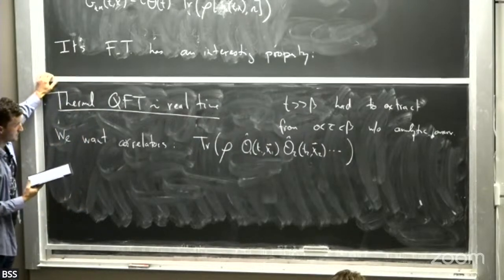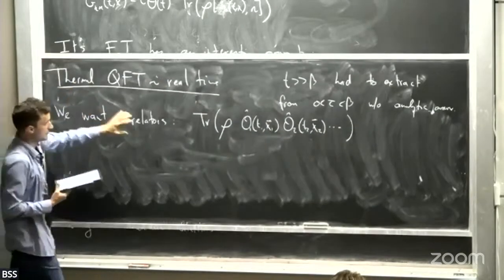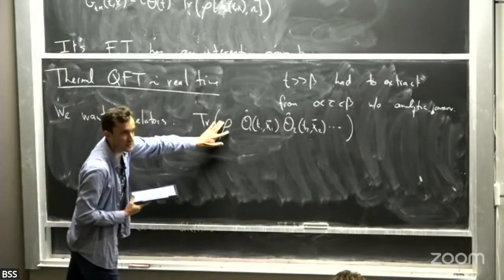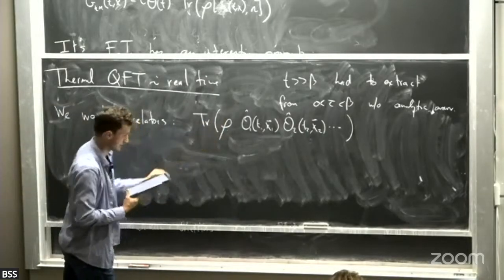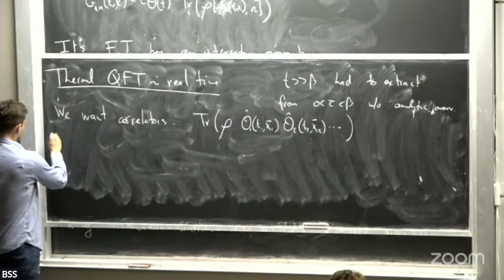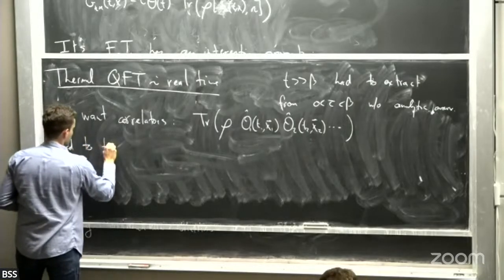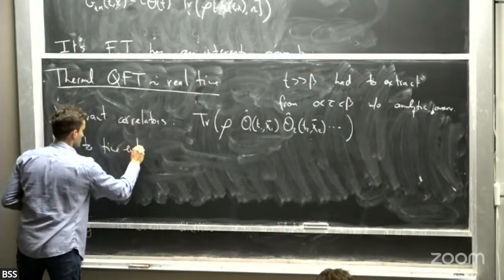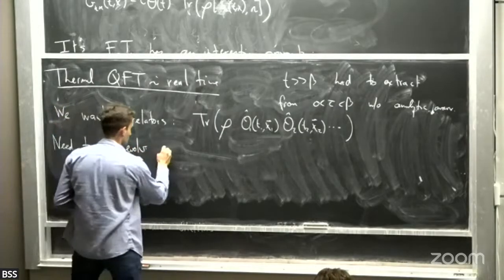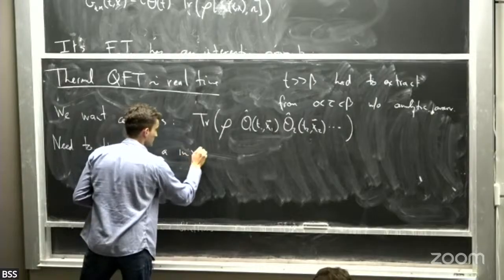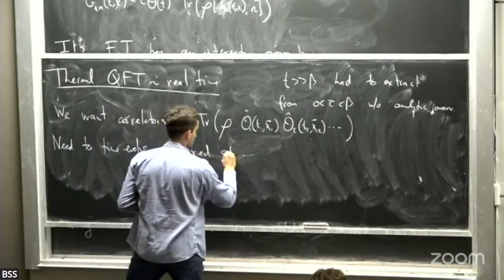What we're doing here is that now we need to study time evolution in a mixed state to compute something like this. So we need to time evolve a mixed state.